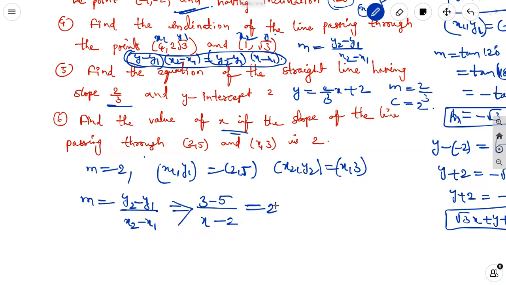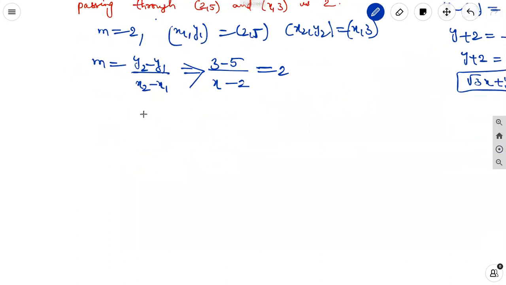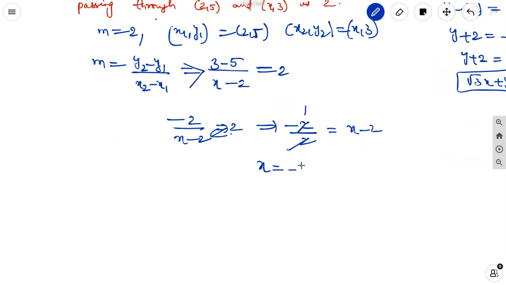So from the cross multiplication, minus 2 by x minus 2 equal to 2, minus 2 by 2 equal to x minus 2. Cross multiply, 2 1s are 2, 1s are minus 1. x equal to minus 1 plus 2 equal to 1. Therefore, x equal to 1. This is the value of x.